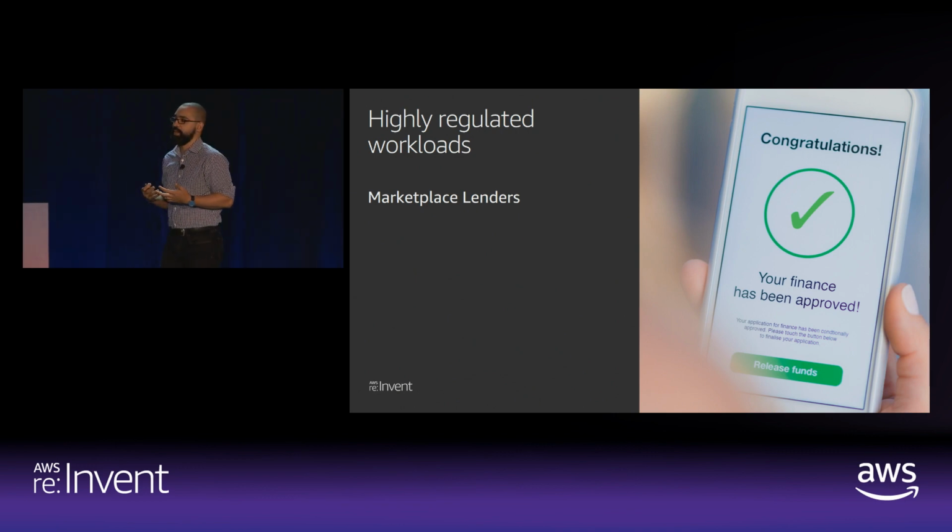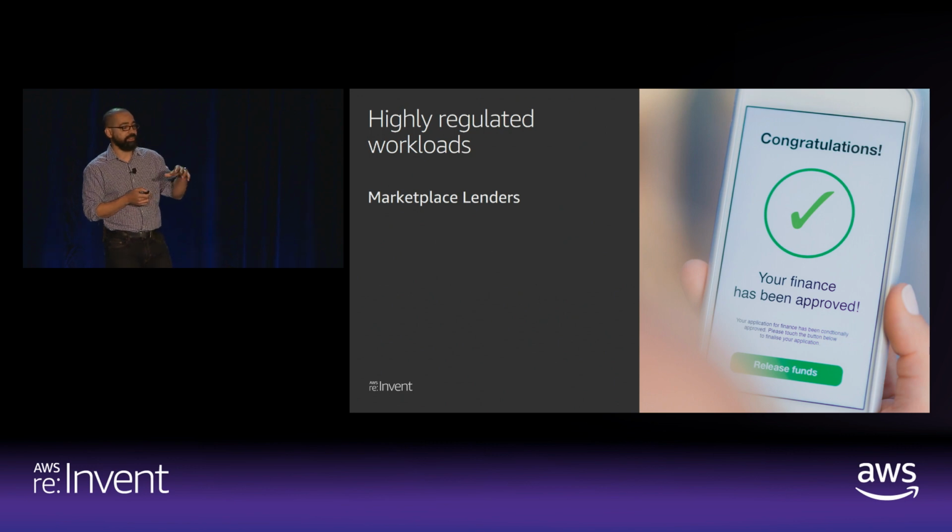This is the process by which a firm decides to extend credit to an individual or an organization. Now, the United States government and several governments across the world want to make certain that their citizens have fair and equal access to credit, which is why these workloads are highly, highly regulated.